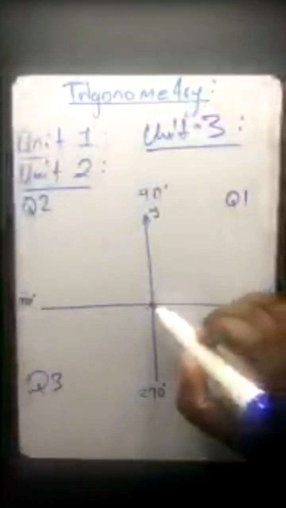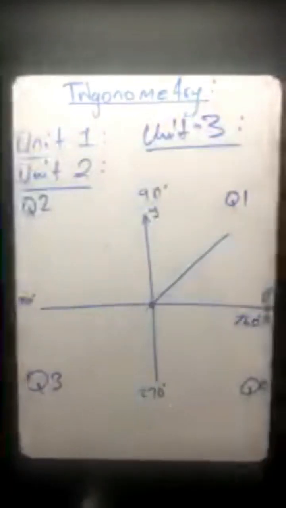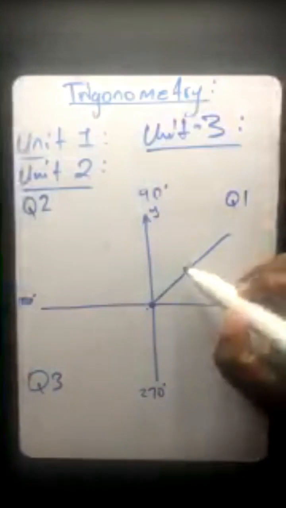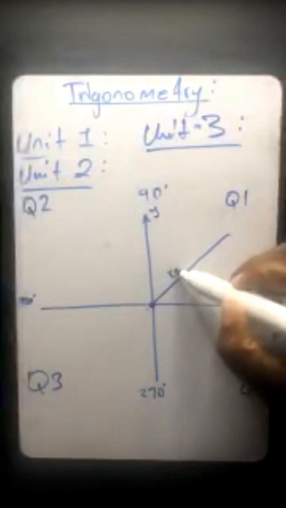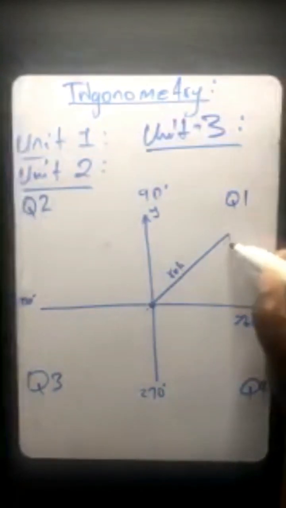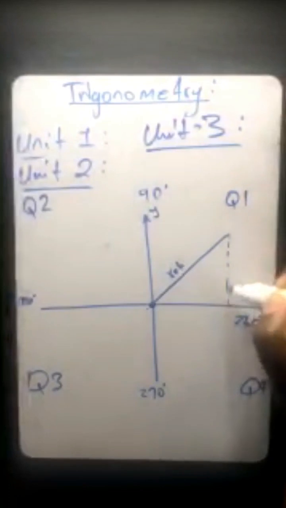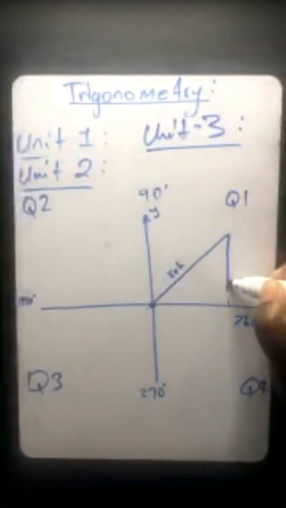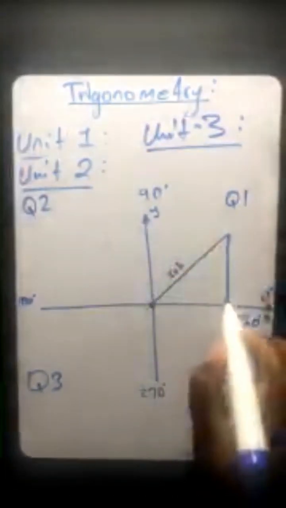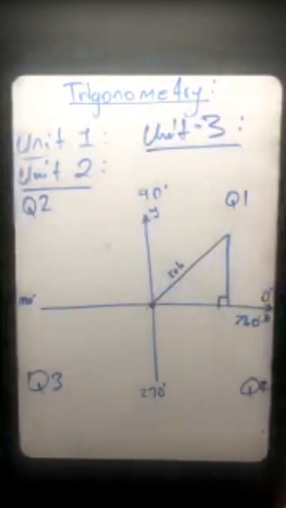So we have that line called the terminal side. But just to keep it short and simple, this is our radius, or if you like, this is our hypotenuse. Now to form a right-angled triangle, we draw that vertical line which is parallel to the y-axis, forming a 90-degree angle there.